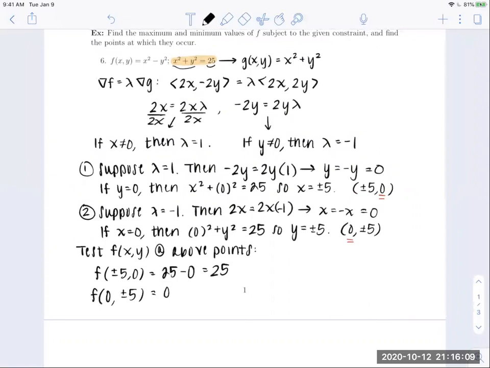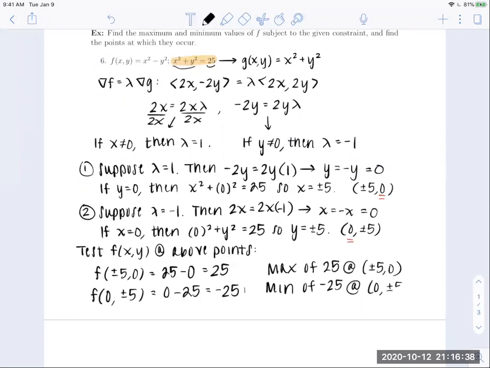That's going to be 0 minus 25, which is negative 25. And so now our highest value is our max, our smallest value is our min, and so we conclude that we have a max of 25, and this occurs at plus or minus 5, 0. We have a min of negative 25 at 0, plus or minus 5.